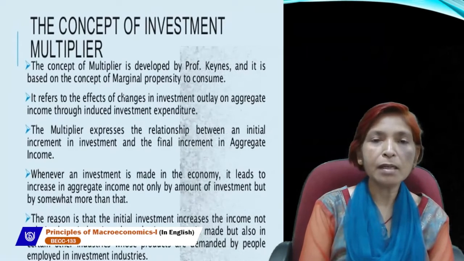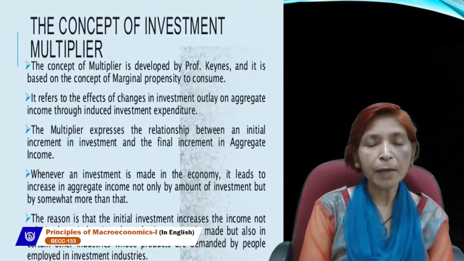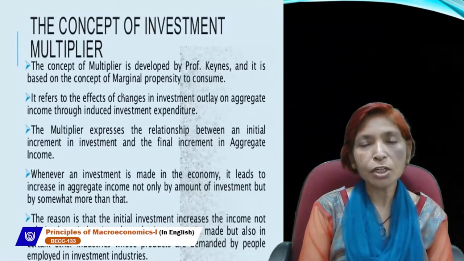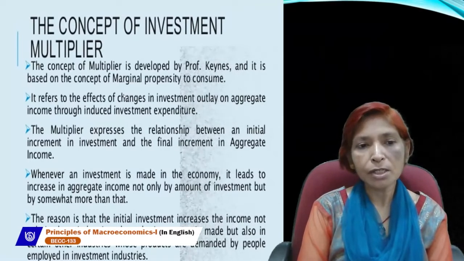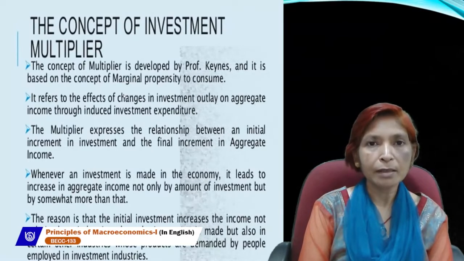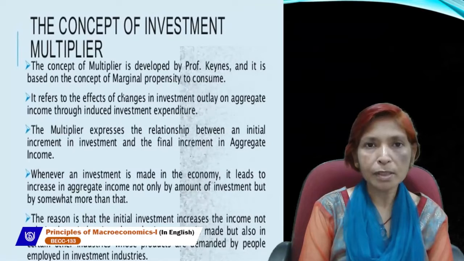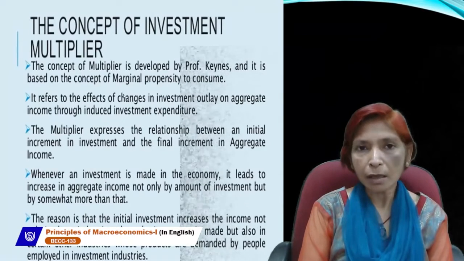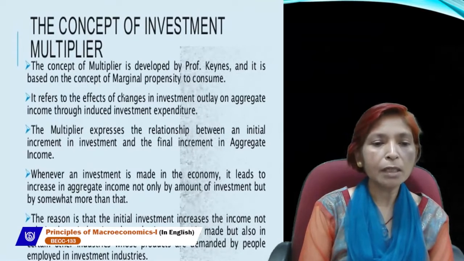If MPC is lower, then the multiplier will be lower. And multiplier generally shows multiple change or multiple effect in any variable. But investment multiplier shows the ratio of change in income due to change in investment.